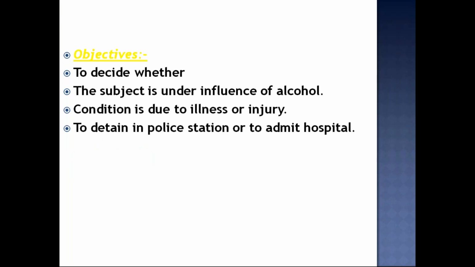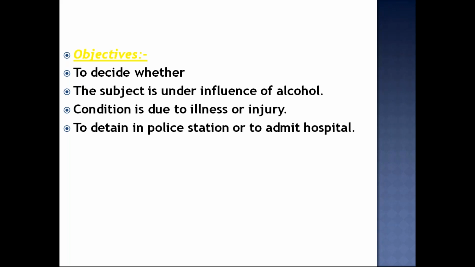So what are the objectives of the drunkenness certificate, for a student? First is to decide whether the subject is under the influence of alcohol or not, whether the condition is due to illness or injury, and whether to detain in the police station or admit in the hospital the concerned person. So there are three objectives mainly to write a drunkenness certificate. One is whether the person is under the influence of alcohol or not.